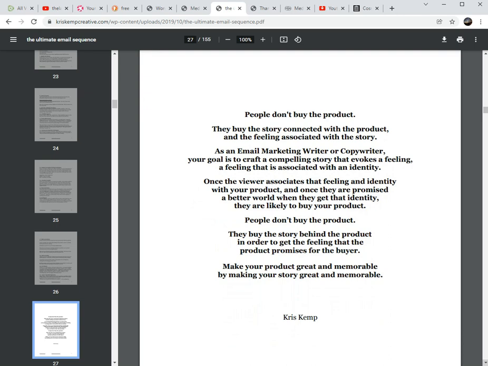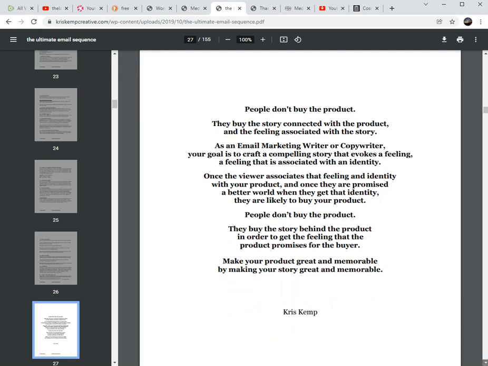Once the viewer associates that feeling and identity with your product, and once they are promised a better world, when they get that identity, they are likely to buy your product. They buy the story behind the product in order to get the feeling that the product promises for the buyer. Make your product great and memorable by making your story great and memorable.